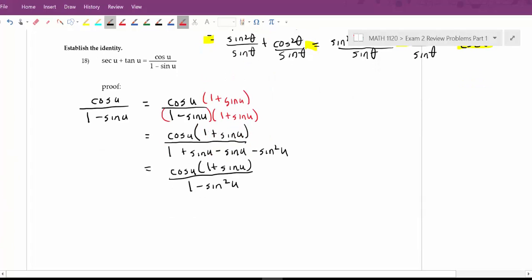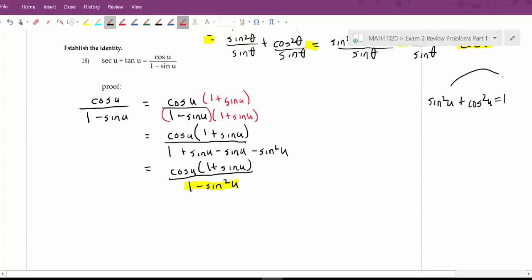Okay, so now let's kind of think about what's going on in this problem. We've got to prove that it's equal to secant u plus tangent u. So one thing I see here is this. Now, any of your scratch work I do not need to see, but at the side of the paper, I'm just going to remind you that sine squared of u plus cosine squared of u is equal to 1.